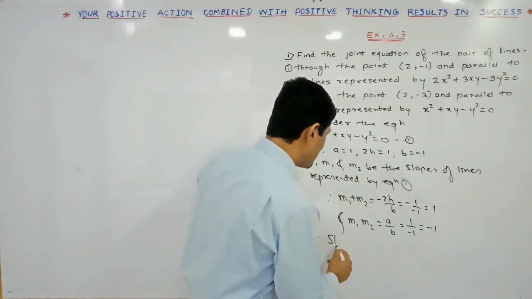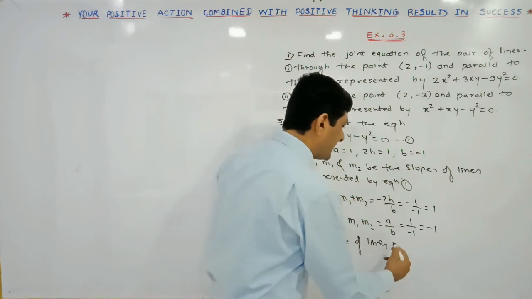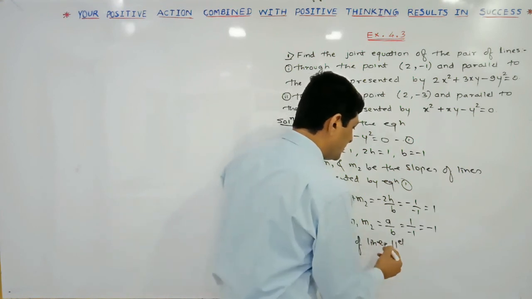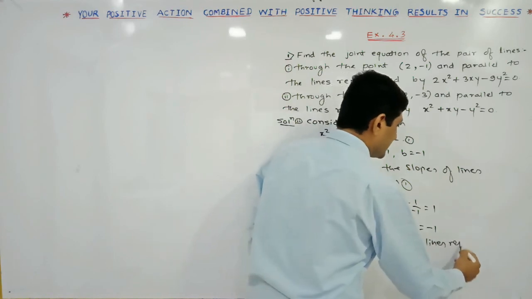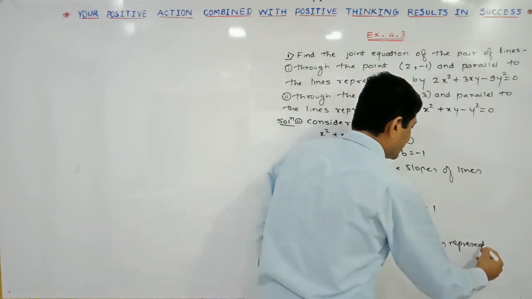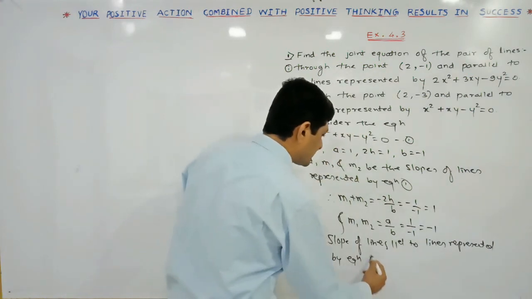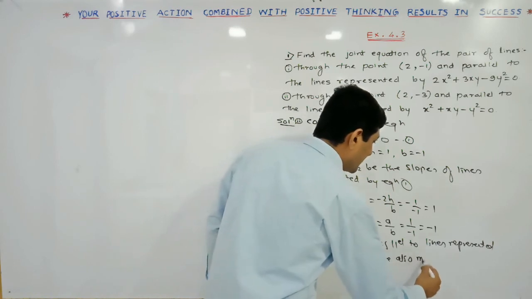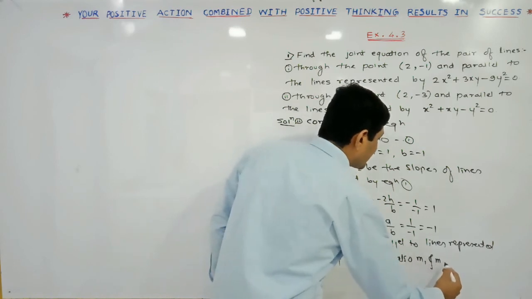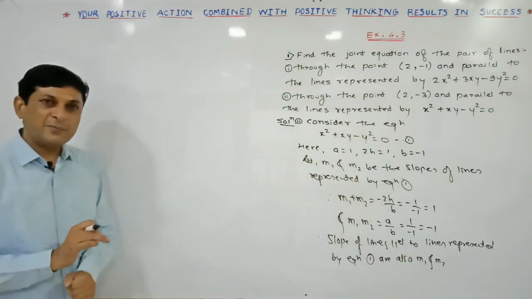Therefore, slopes of lines parallel to lines represented by equation first are also m1 and m2.